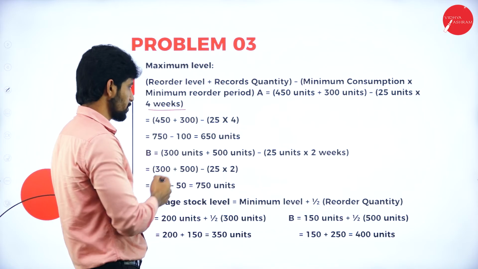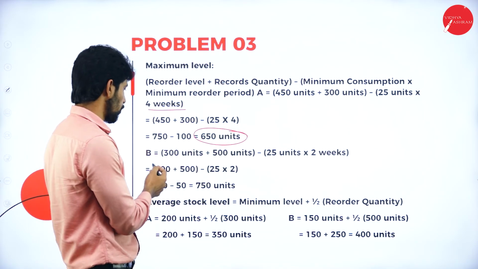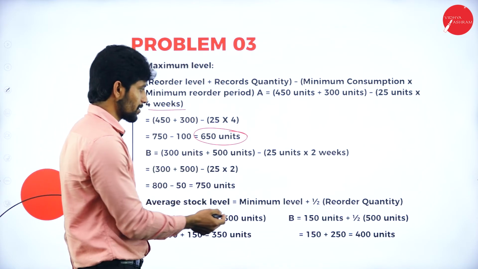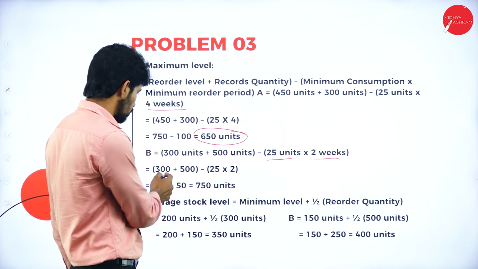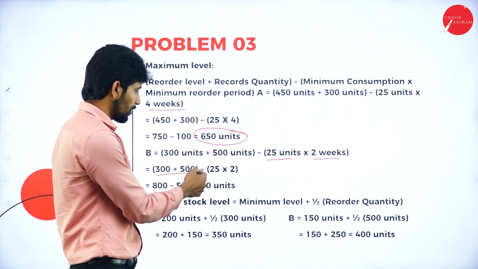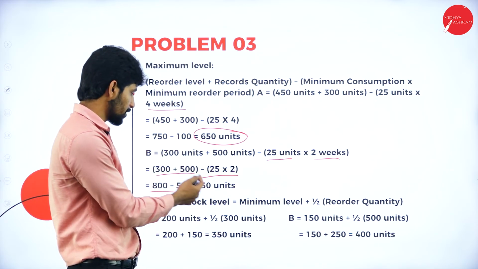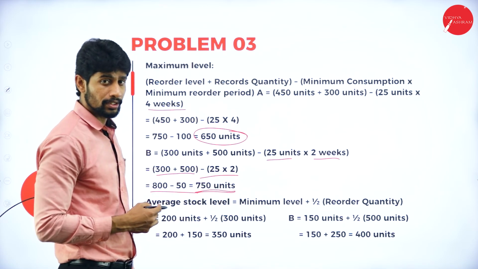So 750 minus 100, you will get 650 units. Next, for component B, 300 units plus 500 units minus 25 units into 2 weeks. So 300 plus 500, 800 minus 25 into 2, that is 50. So you will get 800 minus 50, 750 units for component B.